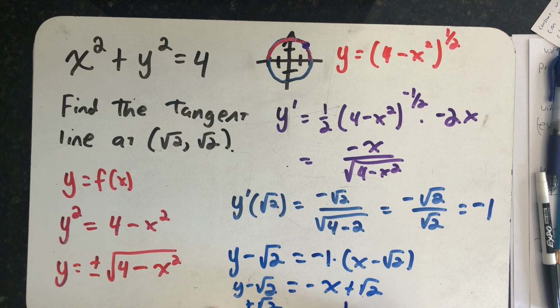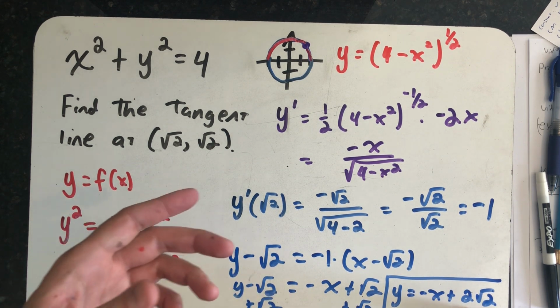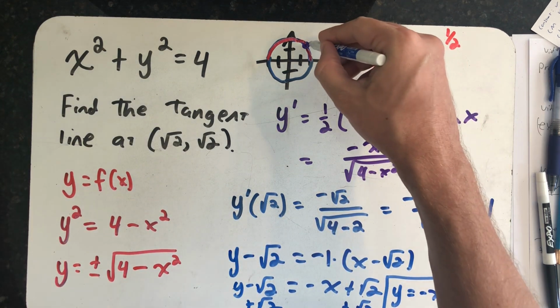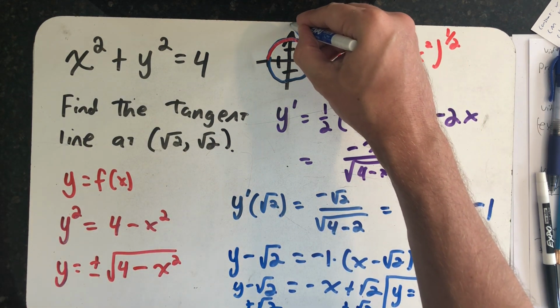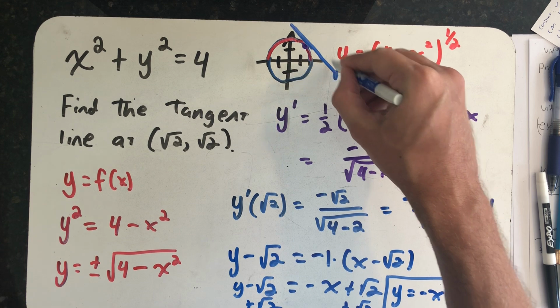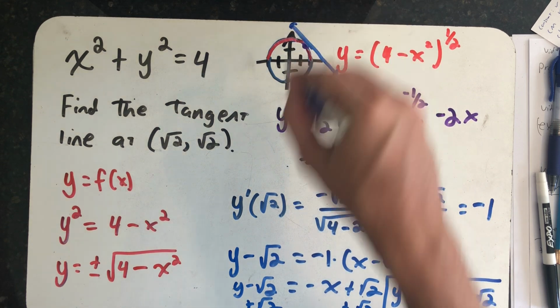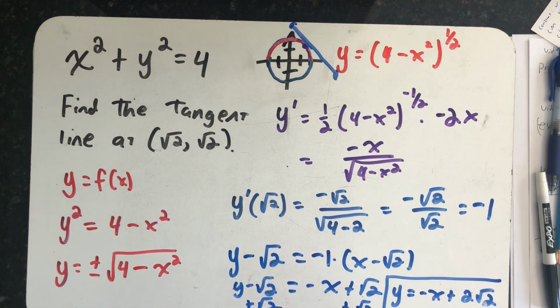Add root 2 to both sides, and my tangent line will be y equals minus x plus 2 times the square root of 2. 2 times the square root of 2 would be about 2.8. So if I looked at my graph and I drew this tangent line, it would have a slope of minus 1. It would hit my y-axis up there at the 2 times square root of 2 value of about 2.8.